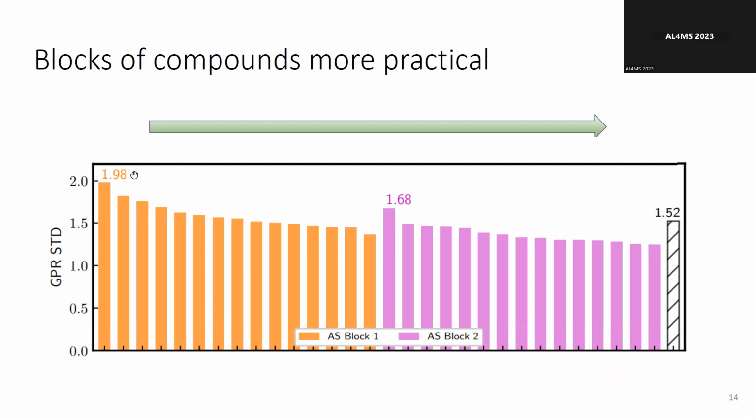Then we see how this GPR standard deviation goes down, but then we retrain the model with the new data, and it jumps back up again because the model gets wiser, and then we retrain again. So you get a gradual improvement, but you do make some errors, and you maybe do not pick the best compounds in the immediate time in between.